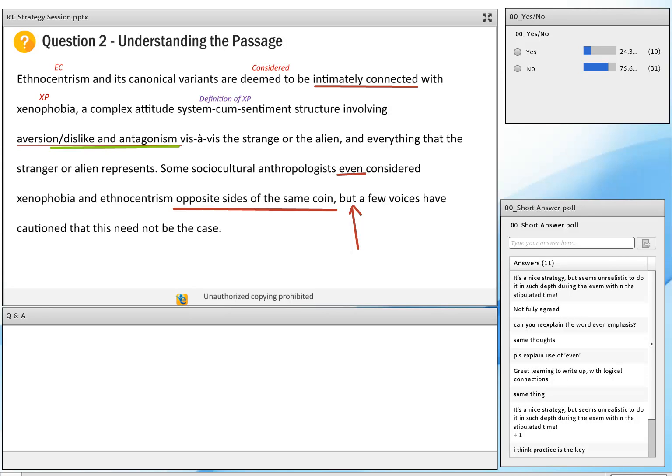But as you start to do this, you do it on 20 passages in an untimed manner, and you will automatically see from the 21st passage, things will start to come. You will start to see all these connections intuitively. Automatically these connections will jump out at you. How was I able to make these connections?